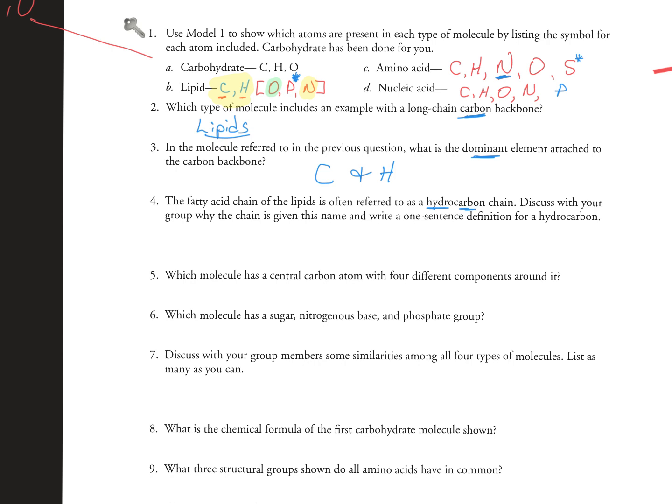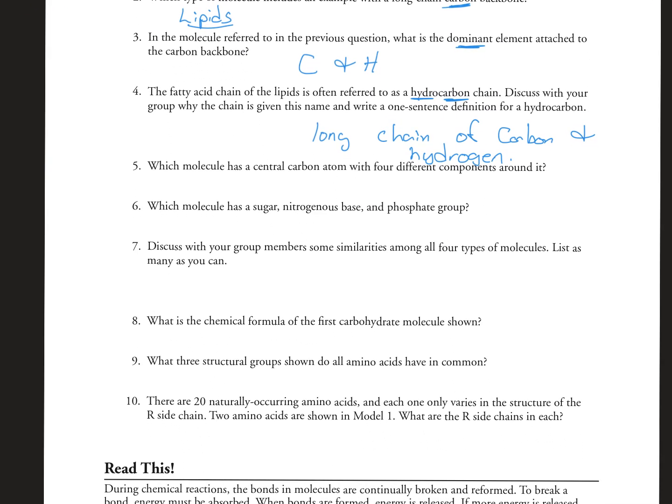Hydrocarbon, hydrogen and carbon. Discuss with your group why the chain is given the name. Write a 1-sentence definition of hydrocarbon. Long chain of carbon and hydrogen. Now, I have already given you all this information in class, but again, I just want to make sure that it's all written down in order and there's no confusion about what the right answer is.